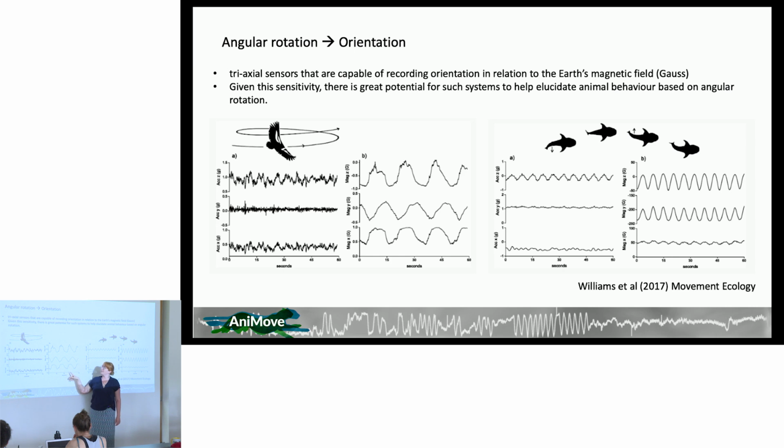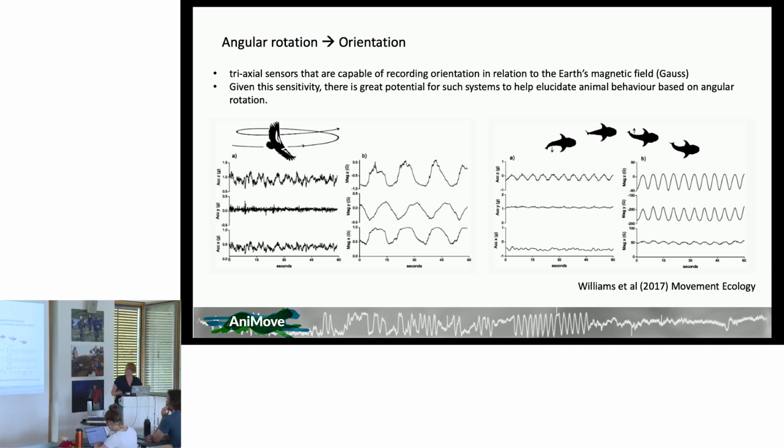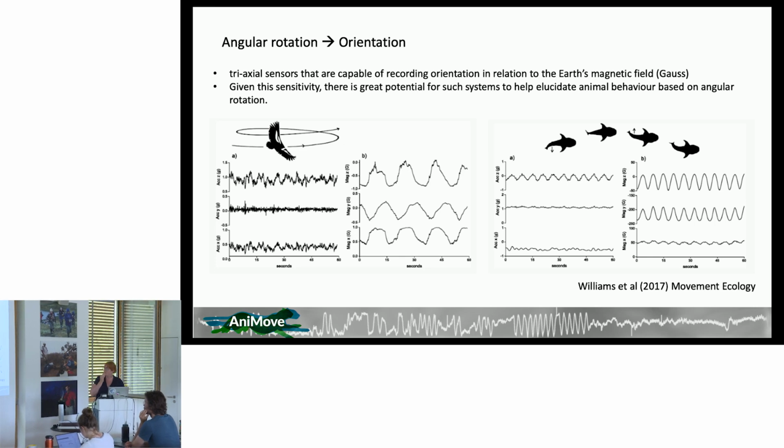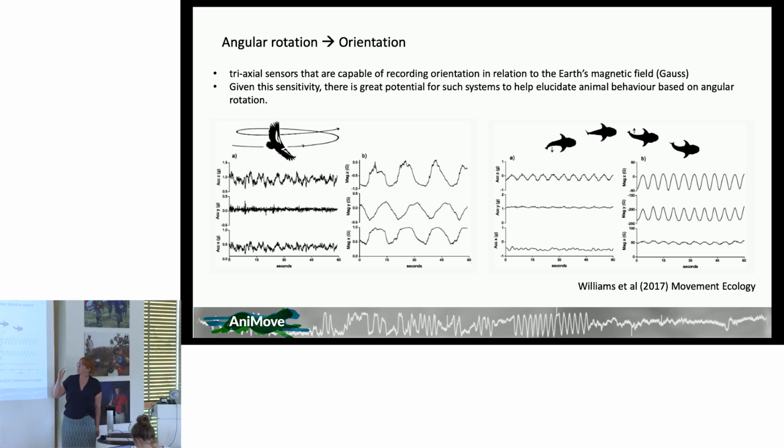When you see it in the 3 axes of the magnetometer, you see less noise, but you also see these nice peaks, and that's as it faces north, south, north, south, north, south. So the animal is turning. And it was brought up earlier in the week just how much animals turn and go through different rotations; that is a notable behavior. So you can use the magnetometer to get at that information because it's sensitive to orientation, to north.